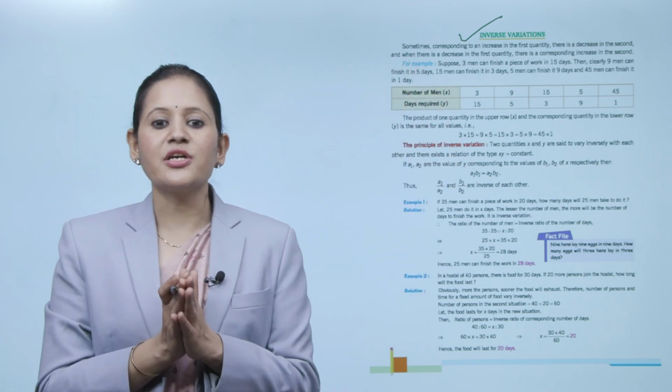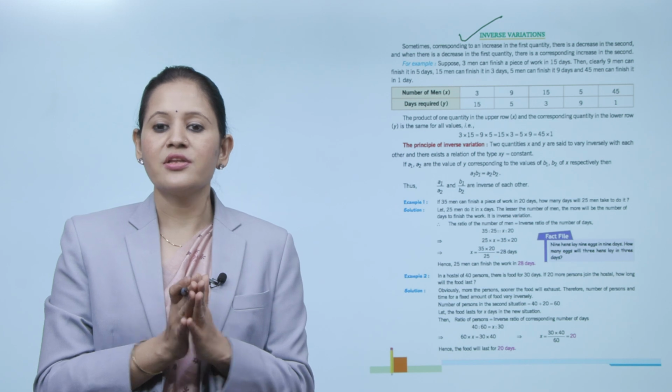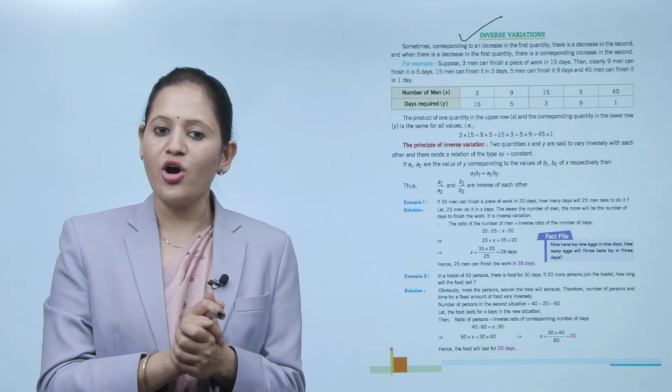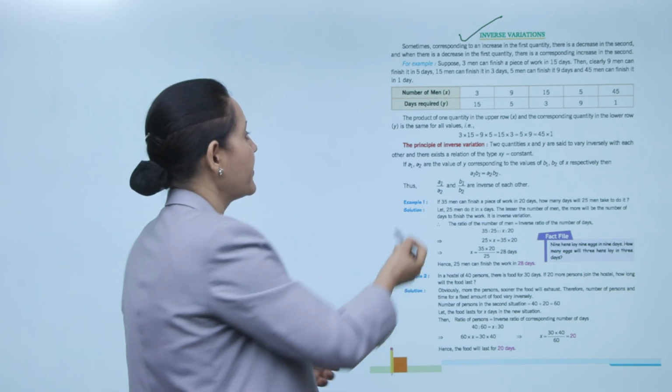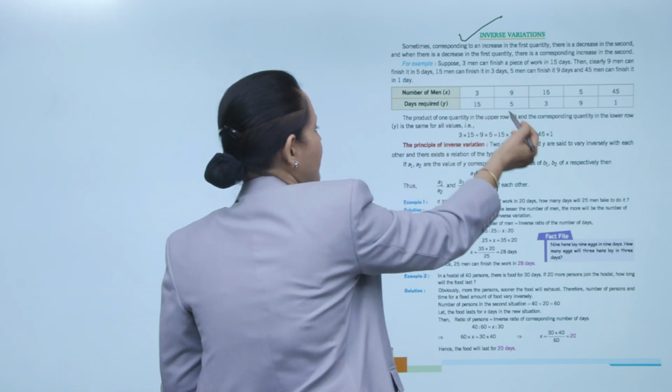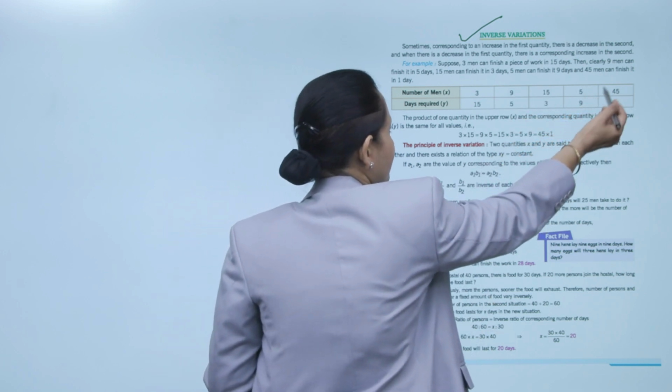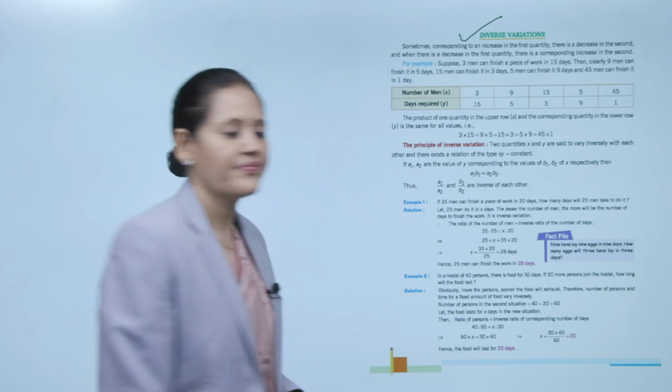Clear? So the product of one quantity in the upper row and the corresponding quantity in the lower row is the same for all values. So 3 multiplied by 15 equals 9 multiplied by 5 equals 15 multiplied by 3 equals 5 into 9 equals 45 into 1.